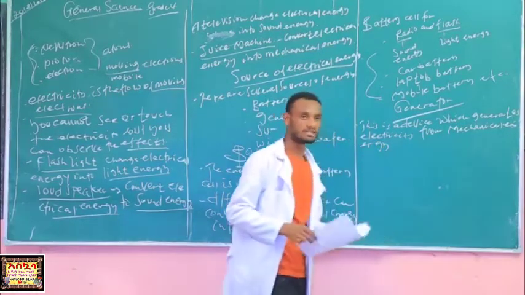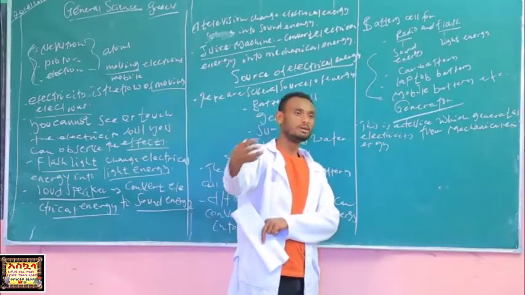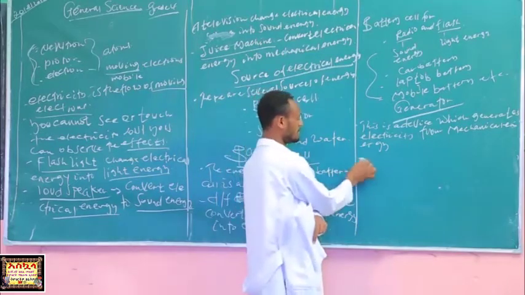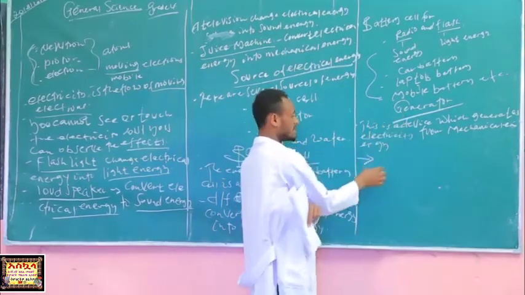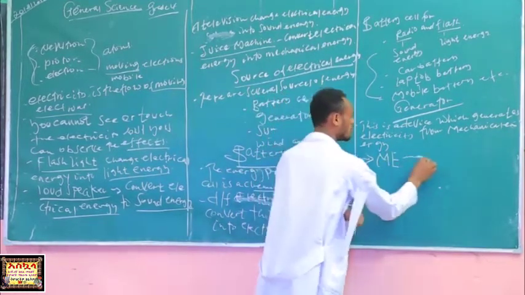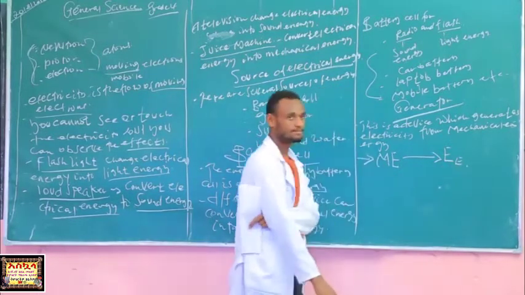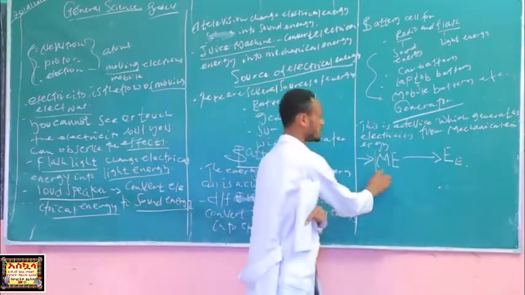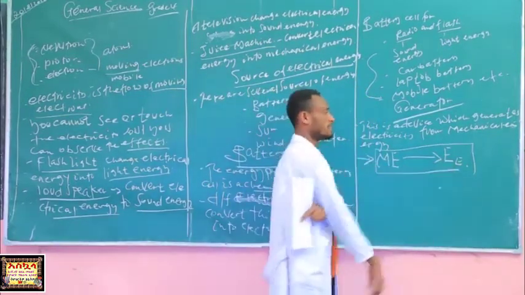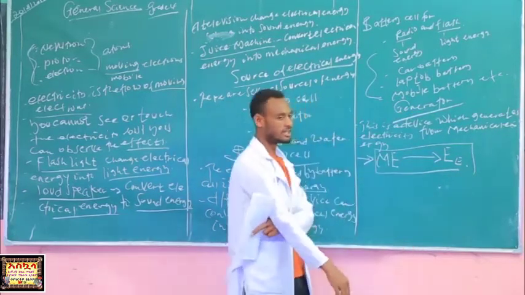So in a generator, students, there is transformation of energy from mechanical energy to what? Electrical energy. So generally, in a generator, there is transformation of mechanical energy into electrical energy. Keep it in your mind, students. So mechanical energy can be converted to electrical energy in a generator.